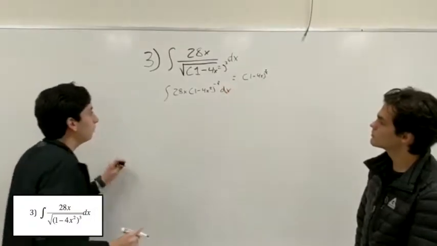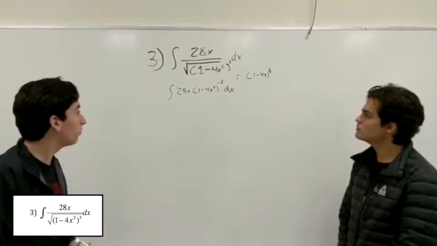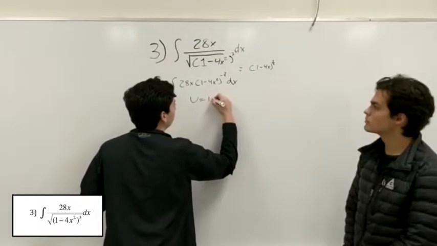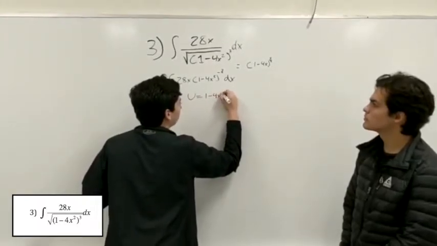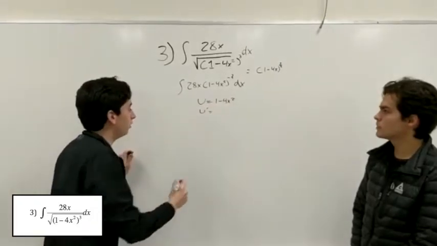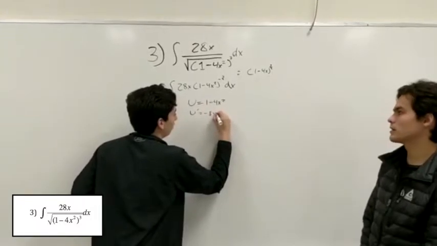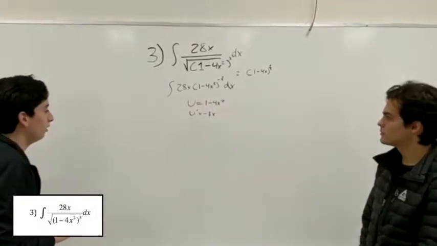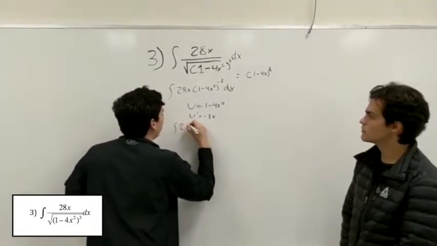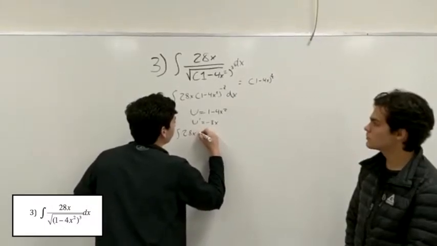And the dx. Okay? So you have to find which one is your u. Your u is this. u is equal to 1 minus 4x squared. And you have to find that u prime, which is the derivative of this, negative 8x. Okay? Then you have to write again the problem.